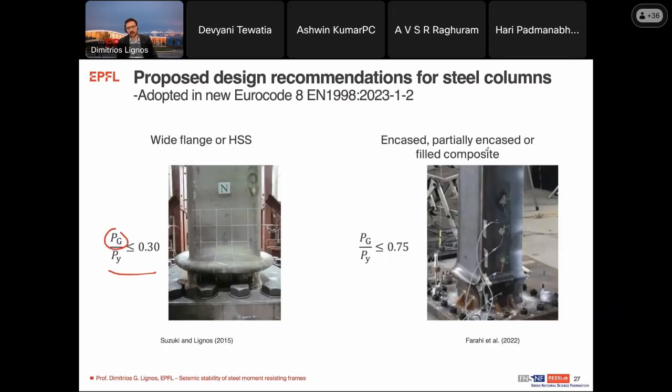And for encased, partially encased or filled composite columns, which could also be interesting for high-rise buildings, the limit could be quite generous, and in particular, it shouldn't exceed 75% of Py. Notice that in this case you may experience problems in the corners, primarily because for filled composite members we may use very slender profiles. And we anticipate this problem if the axial load goes very, very high.